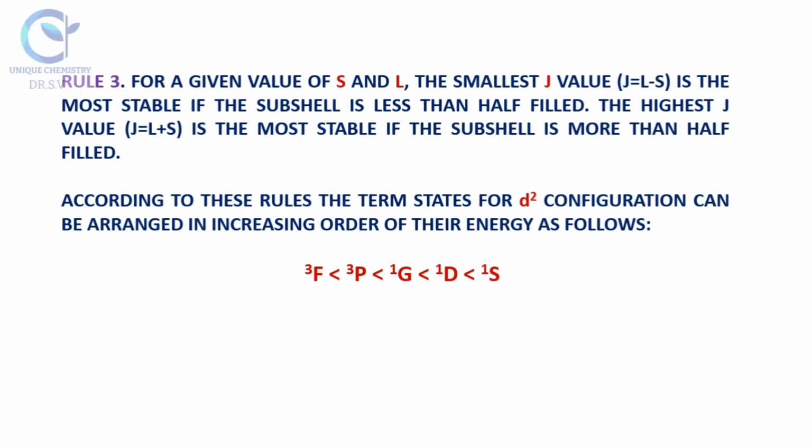According to these rules, the term states for d2 configurations can be arranged in increasing order of their energy as follows: triplet F is less than triplet P, is less than singlet G, is less than singlet D, is less than singlet S. So this is the increasing order of energy for the different states of d2 configurations.